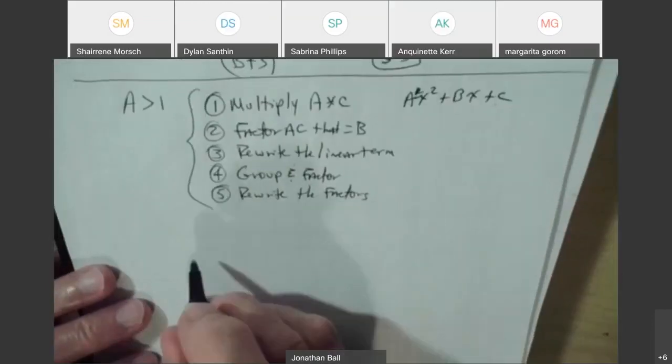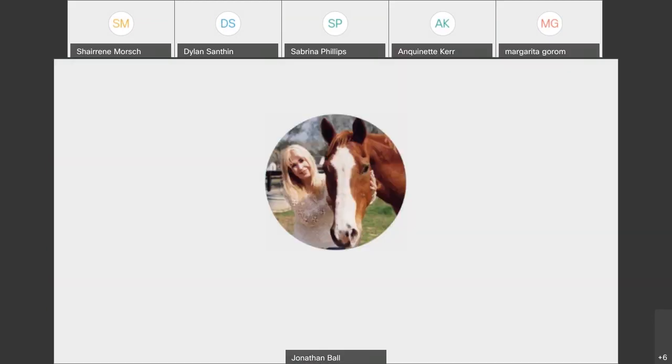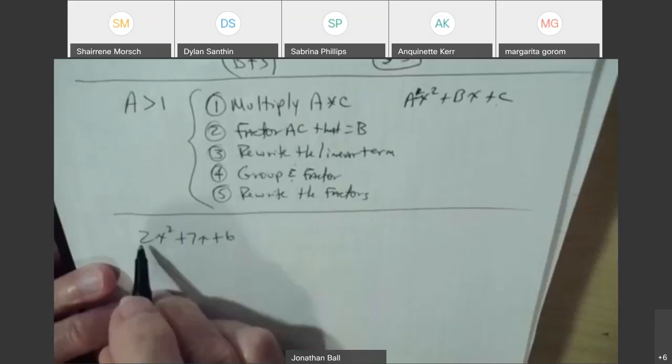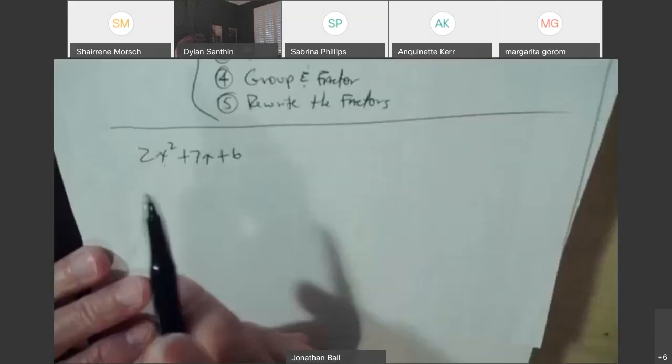So what if we have this? 2x squared plus 7x plus 6. Now see, the coefficient of the quadratic term, in other words, the number in front of the x squared, is not 1. So what do we have to do?